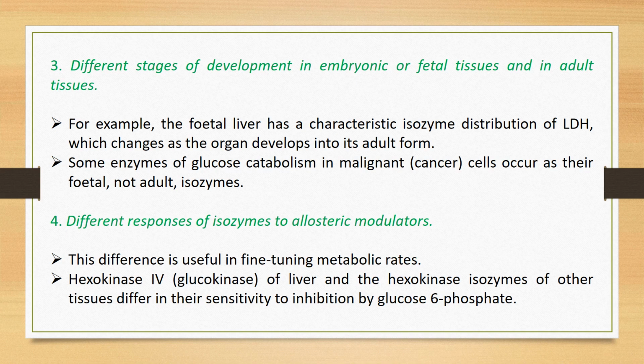So this is very important for the diagnosis of malignancy, carcinoma, because some proteins, suppose carcinoembryonic antigen, human chorionic gonadotrophin, alpha fetoprotein, are present in the fetal or embryonic form. But in malignant cells, they reappear.